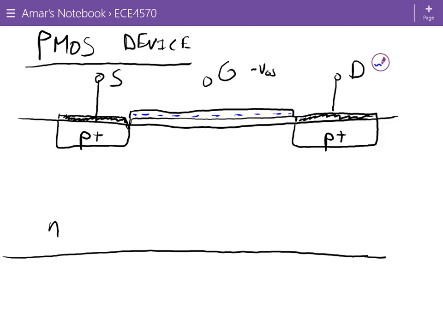All right, and now what happens due to the negative charge? How about the electric field? Yep, electric field is pointing up, right? What does the electric field do? How does it affect the carriers, the majority and minority carriers?